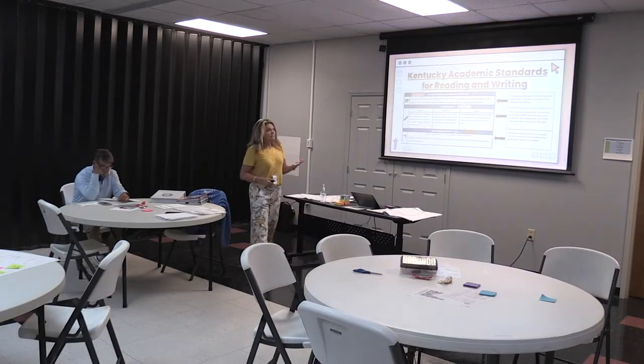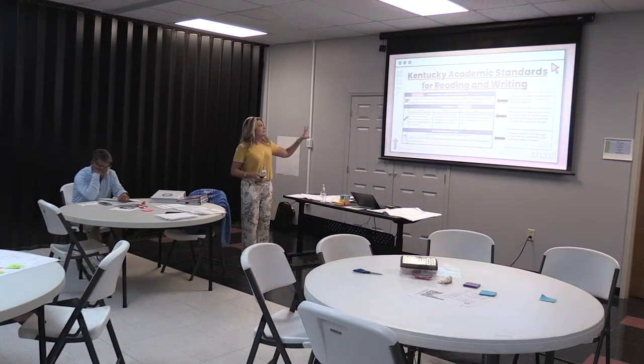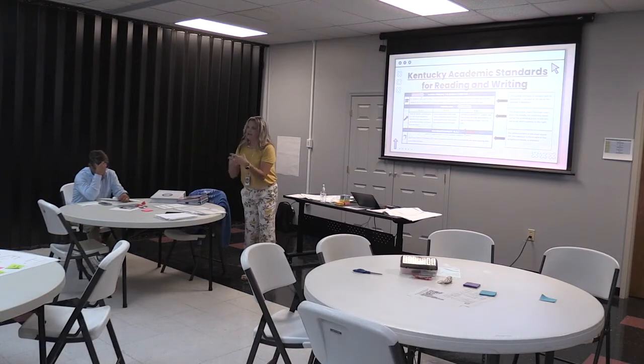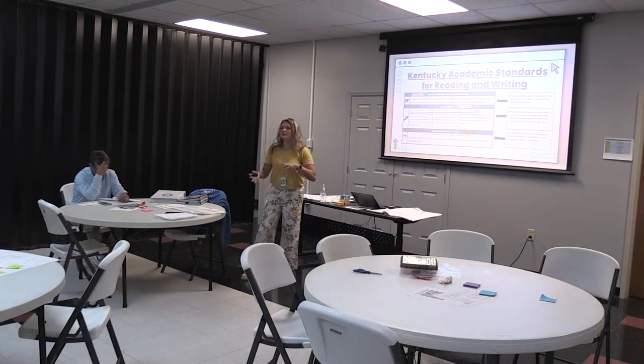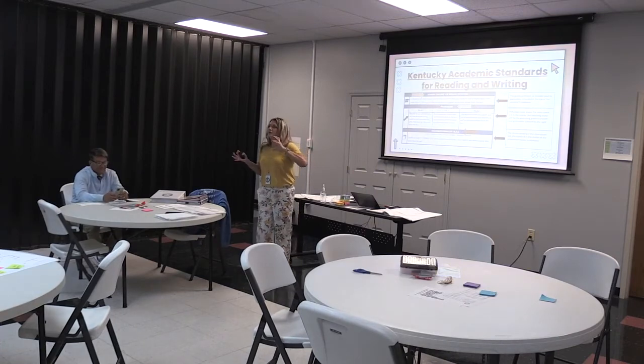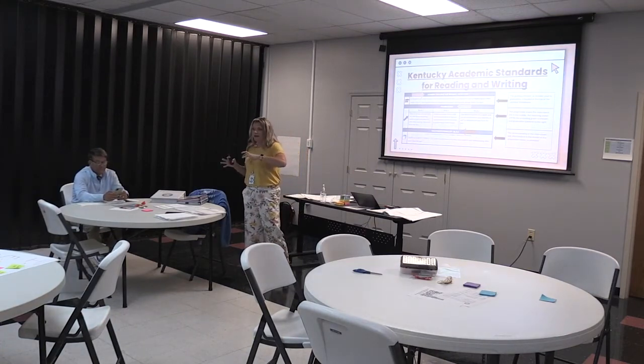So I get it, but the reason I ask is because I'm hoping that just having this basic understanding of how it all connects is the purpose today, so that you can look at that and understand how you're connecting your kids and their IEP goals to meet this standard, okay?